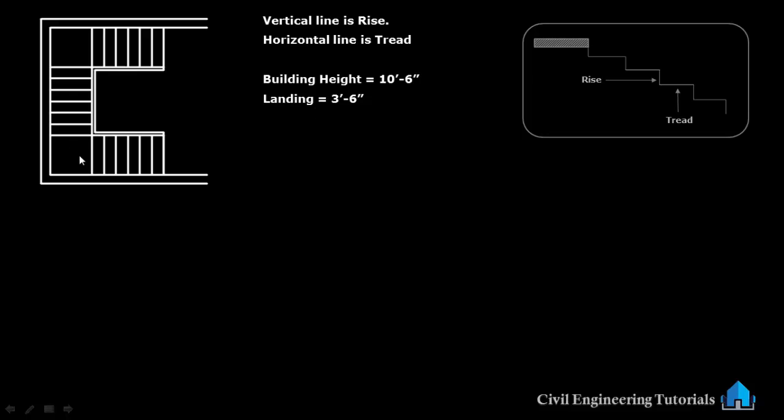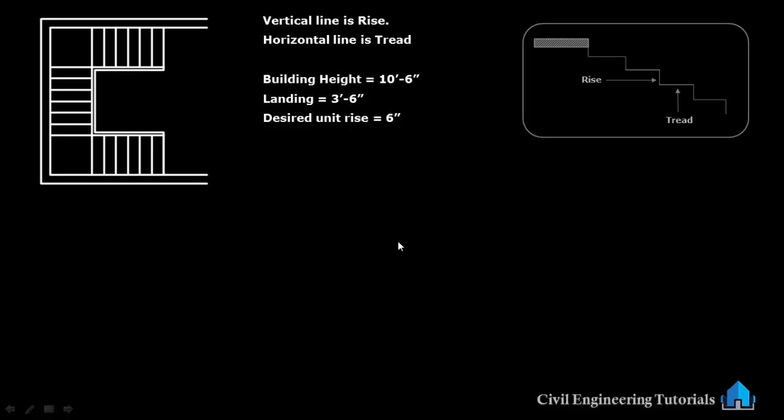This is the landing, you can see here this landing, and here this is the landing, 3 feet and 6 inch landing. Desired unit rise 6 inch, this we need to assume. Tread, here I am taking 12 inch. You can see these white lines are rise, that is 6 inch.